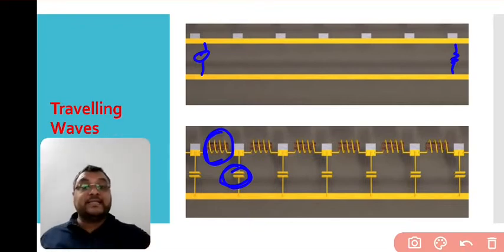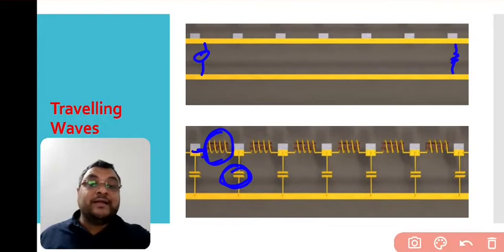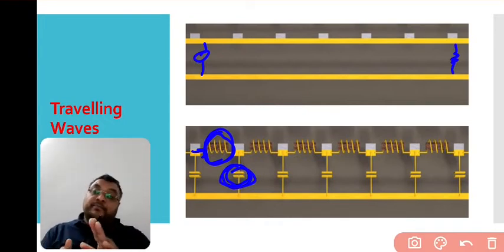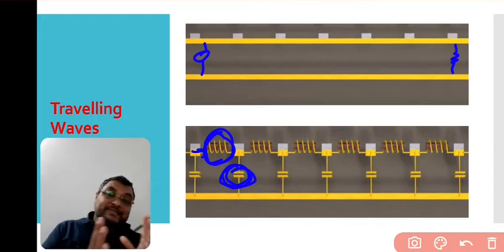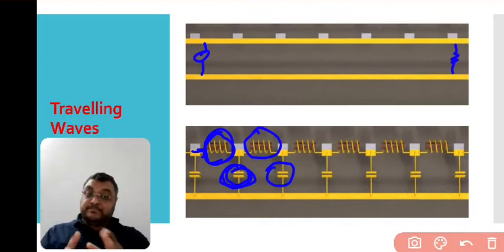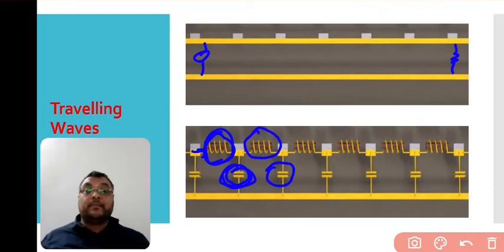If the supply is going through, first the inductance comes into the picture and charges with some value, then this capacitor is charged with some value, then the power is transferred to the next section, and then this inductance is charged and then this capacitor is charged, and then the power moves to another section. It is a repetitive action.